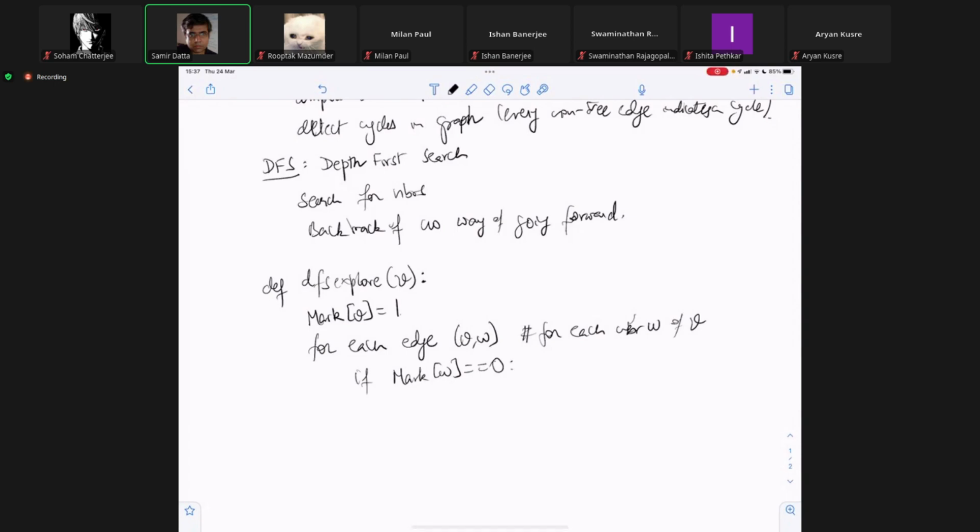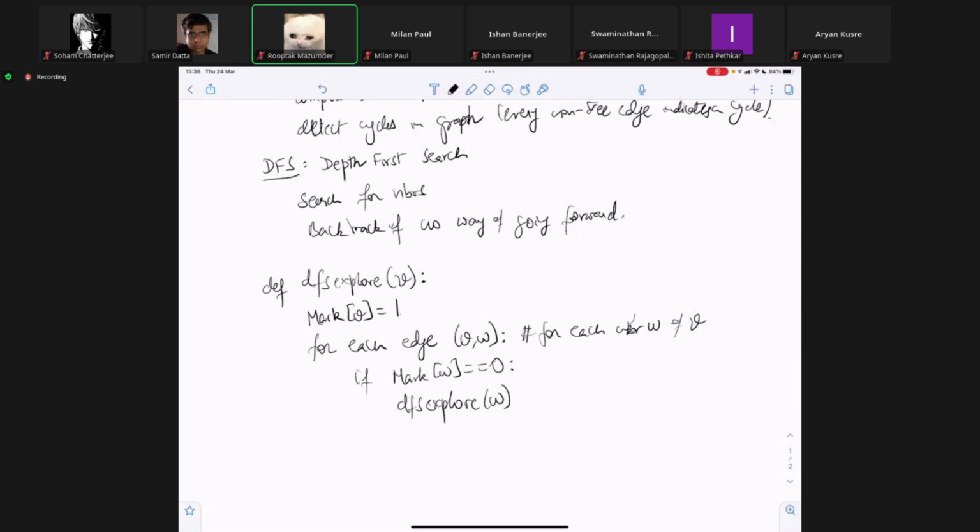If the neighbor is unmarked, then DFS explore W. Correct? So you are going depth first in the graph.